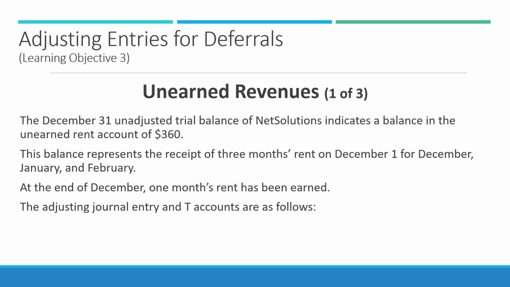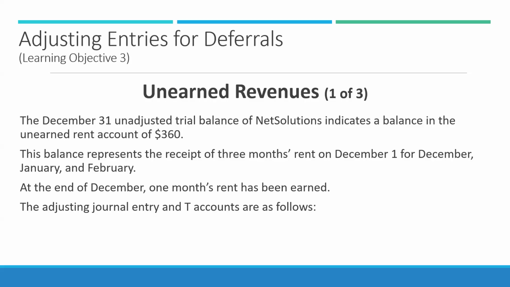Why though? We initially showed $360 of a liability because we hadn't earned it yet. But now we've earned 120 of it, so we don't owe that 120. That liability's gone down $120, which means we debit it and we credit our rent revenue because now we've earned it because a month has passed. Got it?